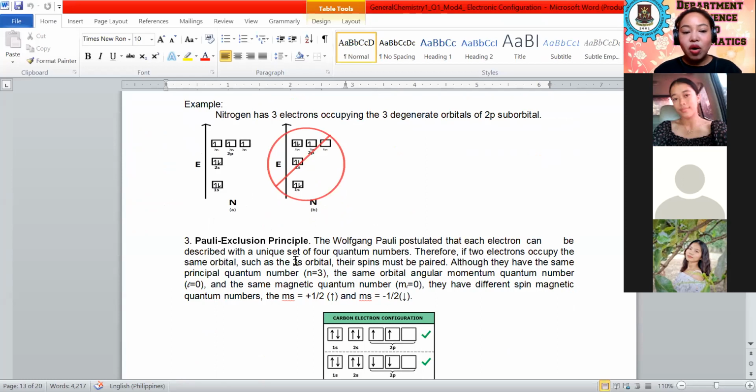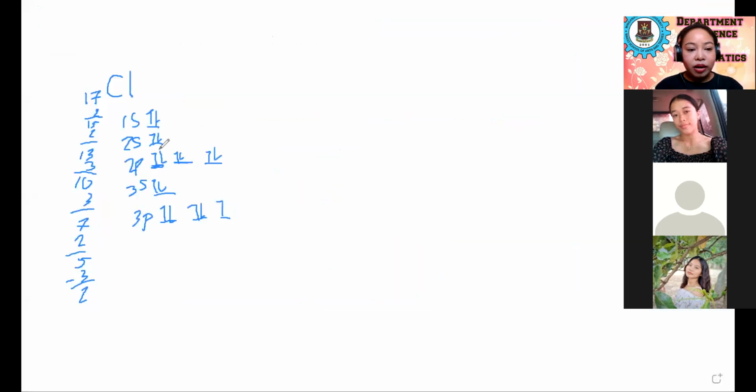Therefore, if 2 electrons occupy the same orbital, such as the 3s orbital, their spins must be paired. As I said earlier, one is spinning up, one is spinning down. If you observed my writing on the whiteboard, the second one in the pair is spinning down. So they do not have the same spin. That is for their repulsion, so they do not collide inside the degenerate orbital.